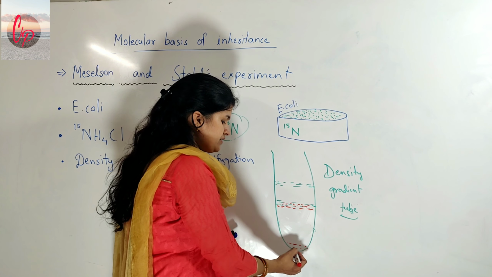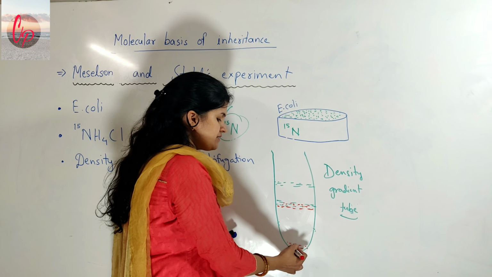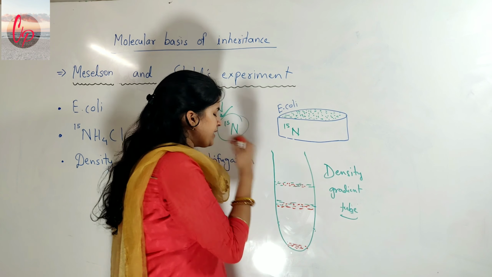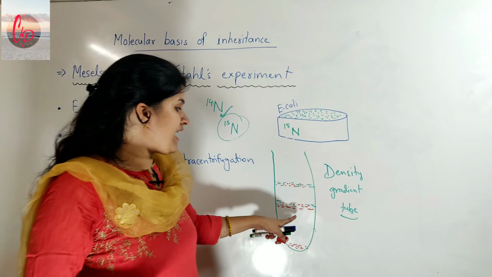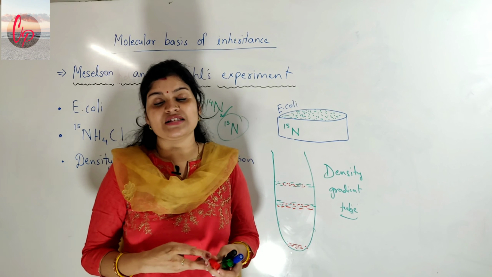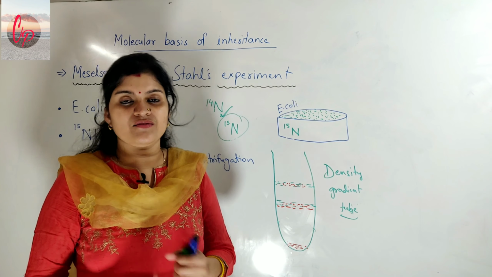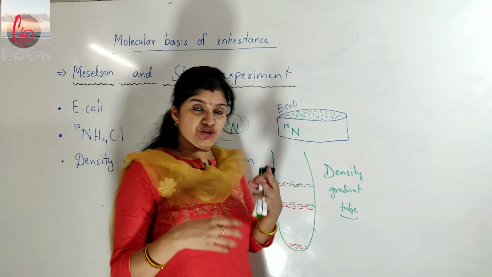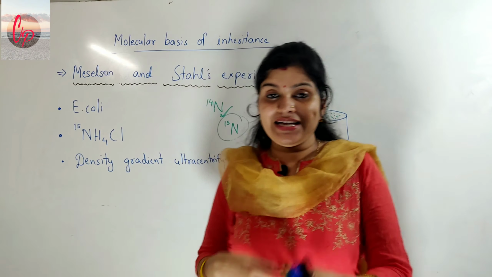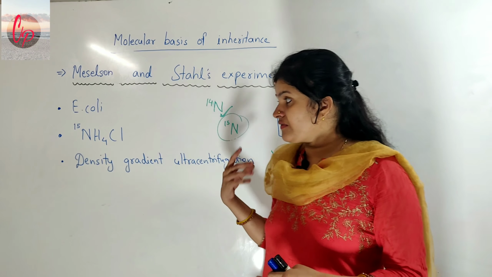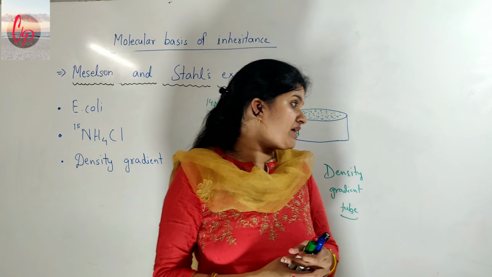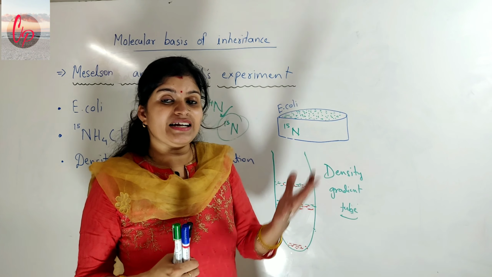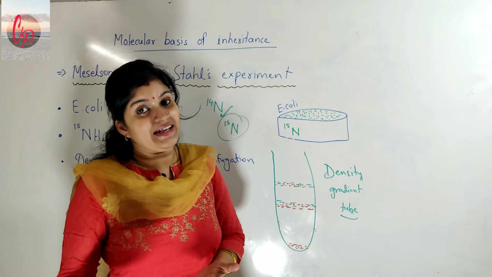Some were having only N15 strands, and some were having N14 strands, but most of the bacteria were having strands which consist of one N14 and one N15. So this simply showed that DNA replication is semi-conservative in nature, because as they were multiplying in number, as they were showing division, their DNA was also dividing.